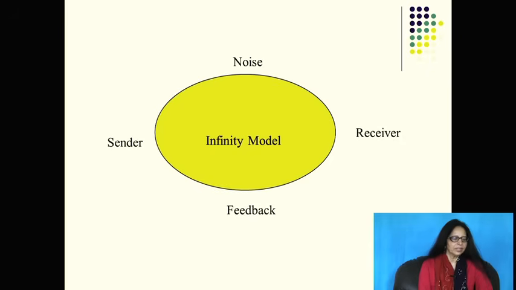Now in the infinity model, in the communication model, when we assume that the sender sends a message and the receiver receives a message, we assume that the message has been received. But no, sometimes the message isn't received. Suppose the phone line is bad, or suppose you are shouting to someone in a crowd and that person can't hear you because there's too much noise.